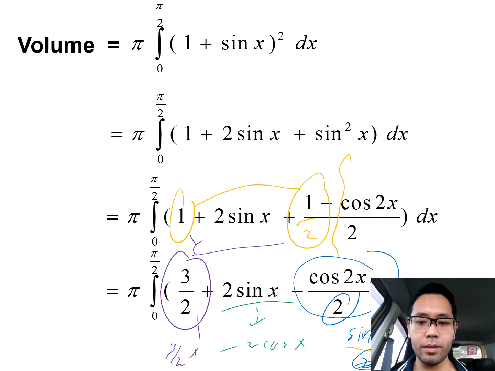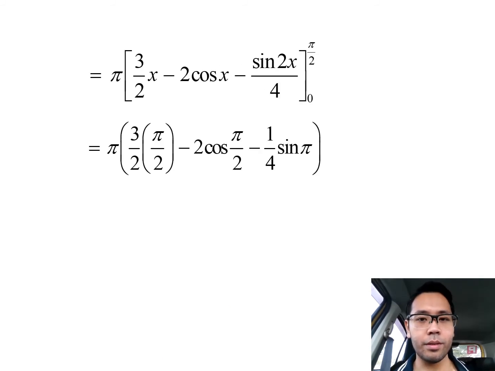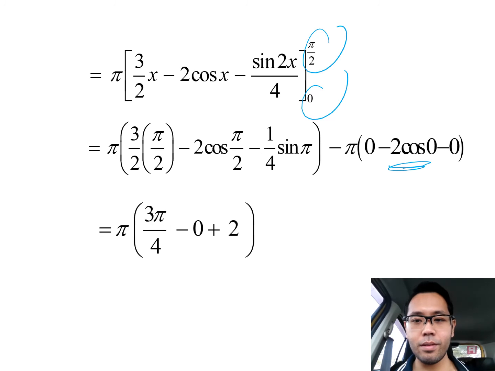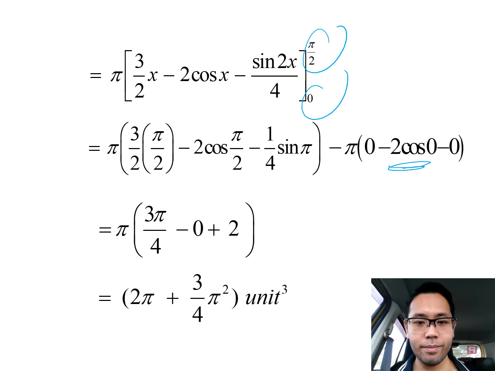The minus is still there. Okay, then substitute the limit. I was wondering why I didn't write this one down, because this one is equal to what? 2 cos 0 equals to what, class? Yep. Yeah, the working simplifies quite quickly.